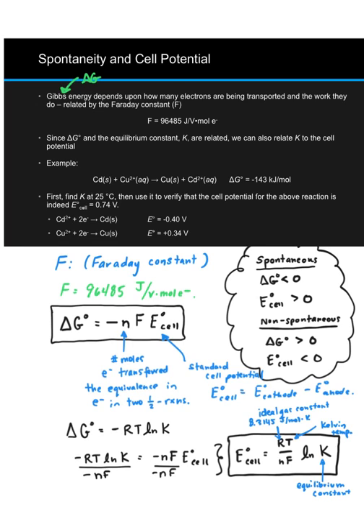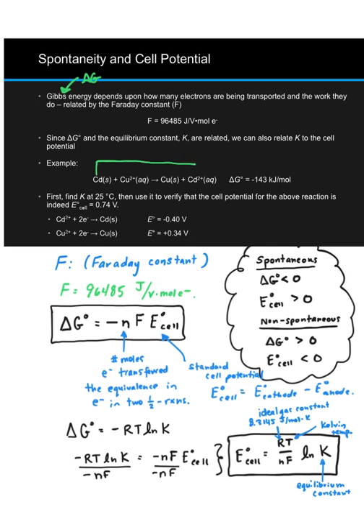We can show that the standard cell potential for this reaction is 0.74 volts by using this equation for E cell, the standard reduction potential for our cathode minus the standard reduction potential for our anode. To identify our cathode and our anode, we need to figure out which substance oxidizes, which substance reduces.